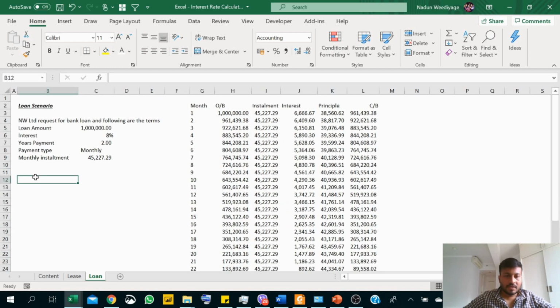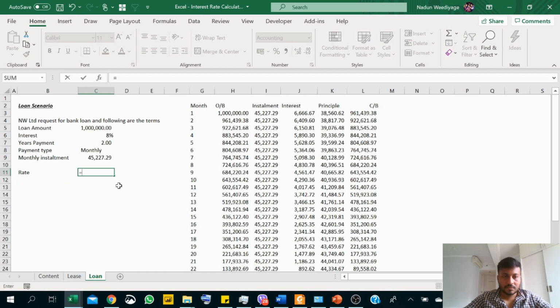So let's see how we can use the Excel formula RATE to calculate the interest rate. So let's type RATE, and then the number of payments is, in this case, not 2, because we are paying it on a monthly basis. This is 2 years, so we have to multiply by 12, which means 24 periods.